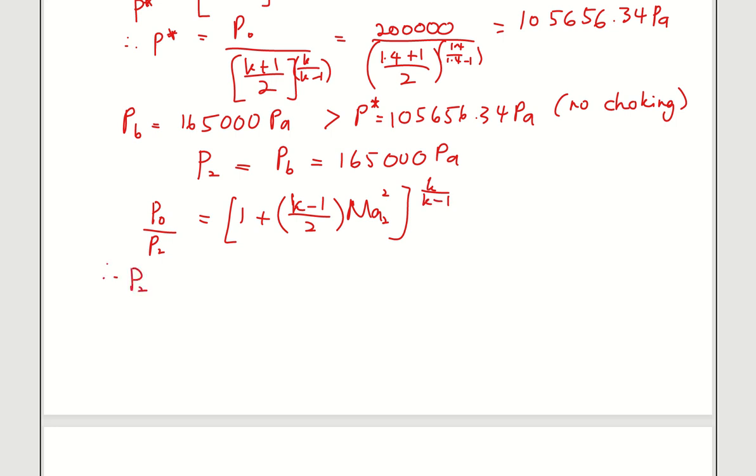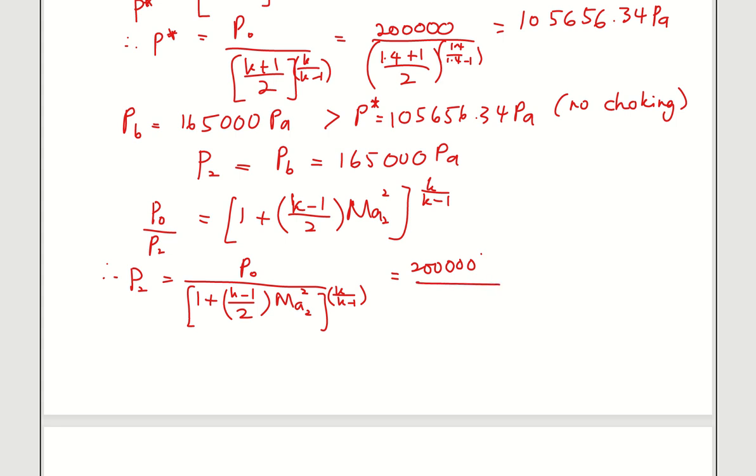Therefore, you rearrange this equation and you get P2 equals P naught divided by everything on the right side: 1 plus K minus 1 divided by 2 times Mach number 2 squared, to the power of K divided by K minus 1. So P naught is 200,000 Pascal, then you divide by 1 plus 1.4 minus 1 divided by 2 times the Mach number that you get.